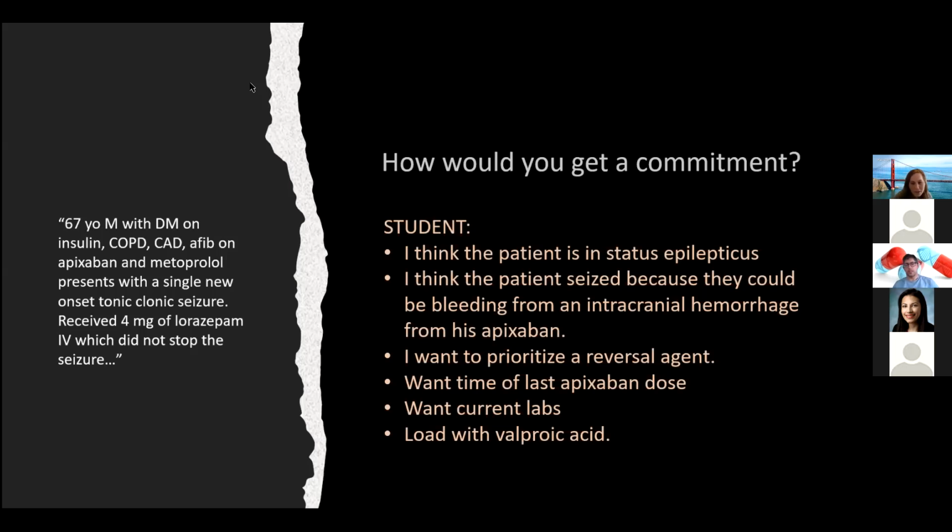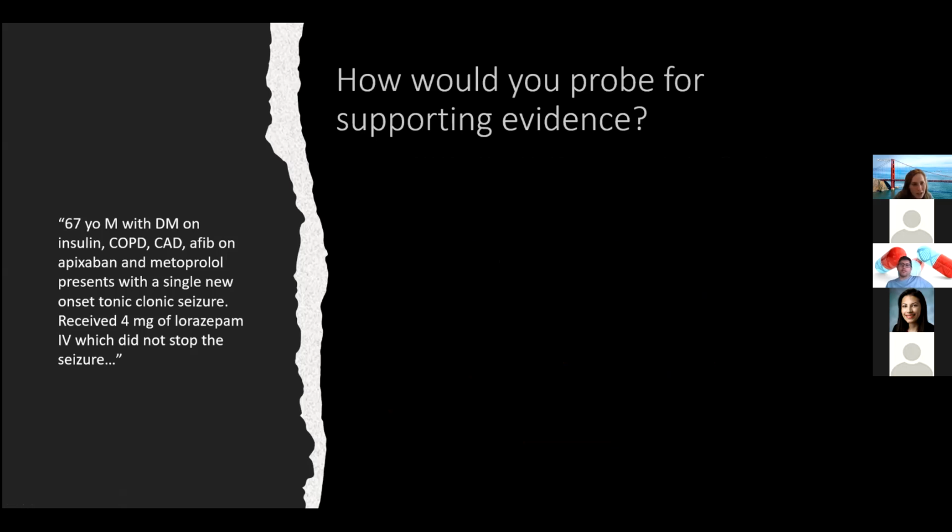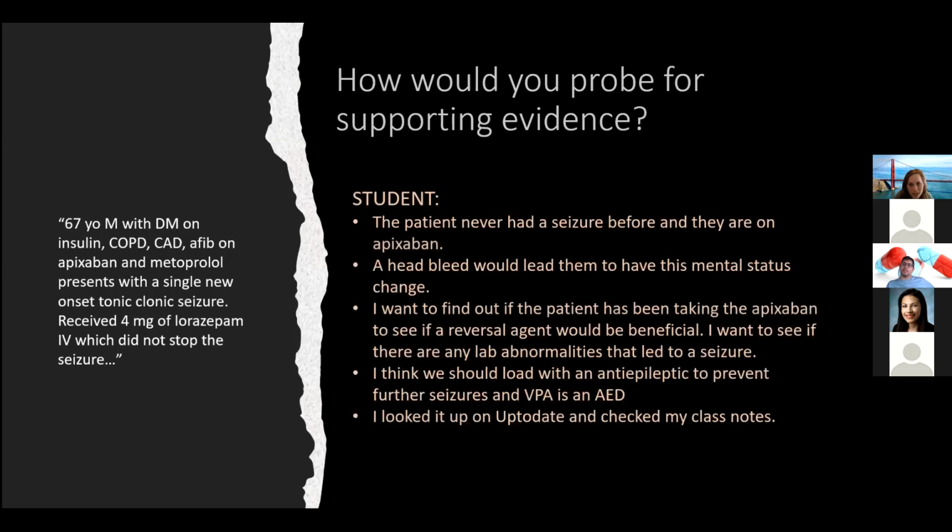So I'm going to just go forward with the hypotheticals. I think you're all doing really awesome, making awesome comments in terms of probing for supporting evidence. And maybe the student comes back and says, well, I think it's status epilepticus because the patient had a tonic-clonic seizure, and then they're continuing to seize.